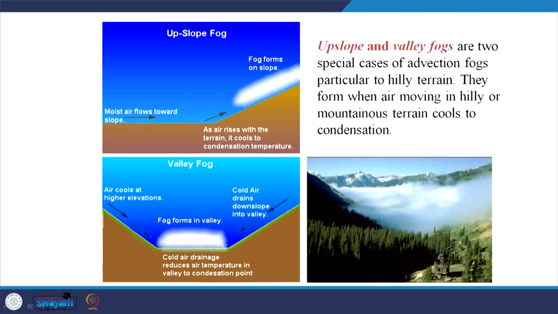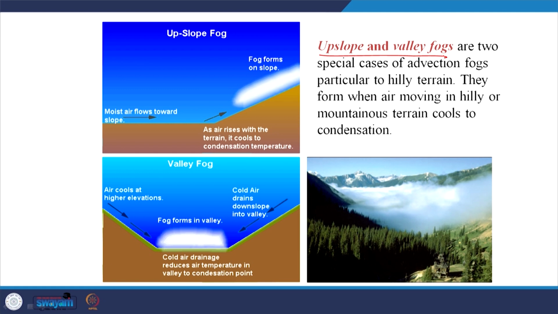The other types of fog are the upslope and valley fogs, which are two special cases of advection fogs particular to hilly terrain. They form when air moving in hilly or mountain terrains cools to condensation.